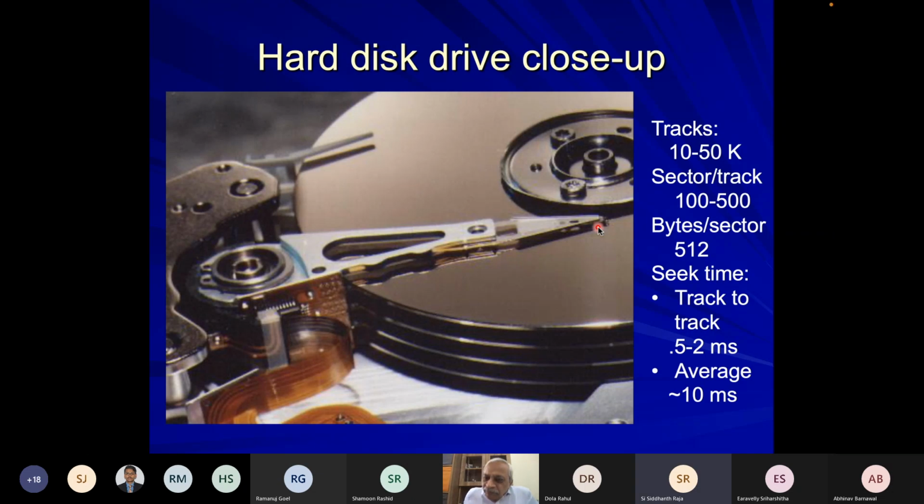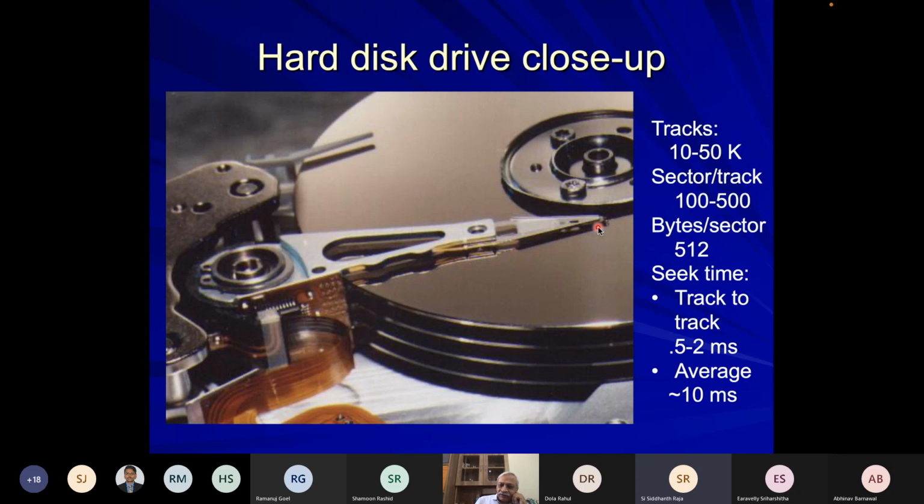So before you actually start reading or writing, some mechanical movement is involved. One is that the head has to reach a particular track, and the disk has to rotate by a certain angle so that the head gets positioned on the correct sector within the track.